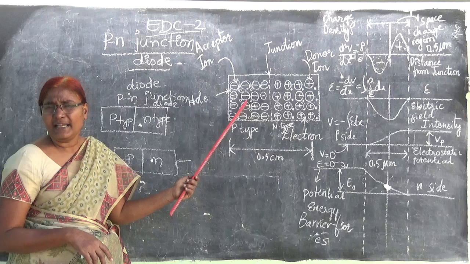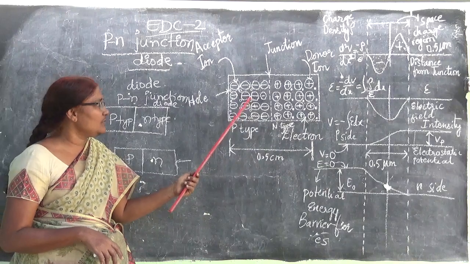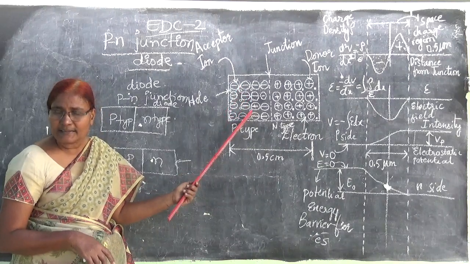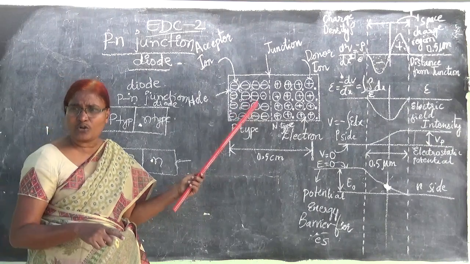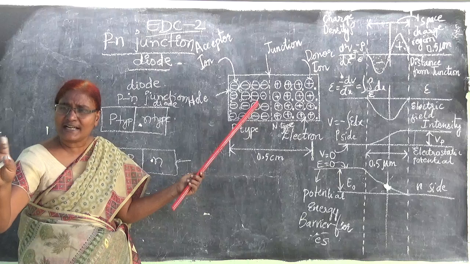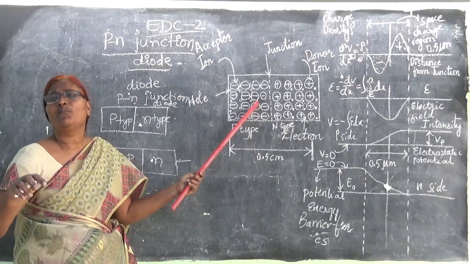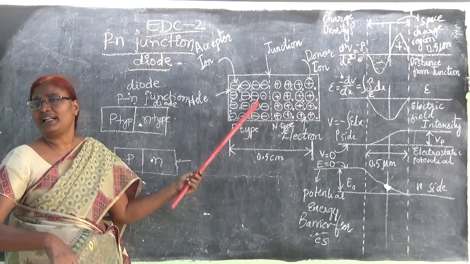If you have 100 atoms here, then you may have 98 holes due to the doping and 2 holes and electrons due to the bond breakage due to the thermal energy.